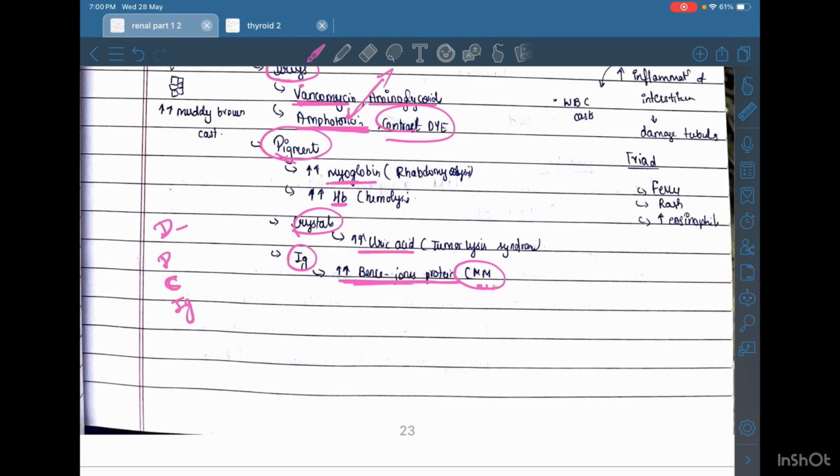Drugs are 2A, aminoglycoside, amphotericin, vancomycin, then your contrast dye. Then pigments: hemoglobin, myoglobin. Then crystals: uric acid. Then here is your IG, multiple myeloma.